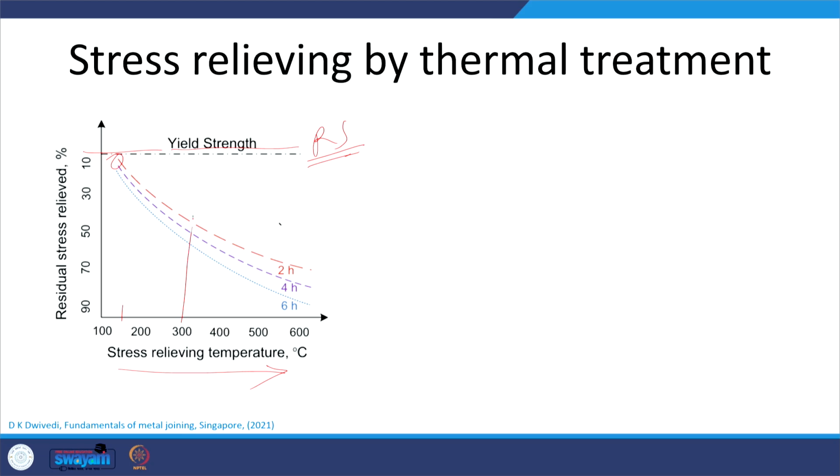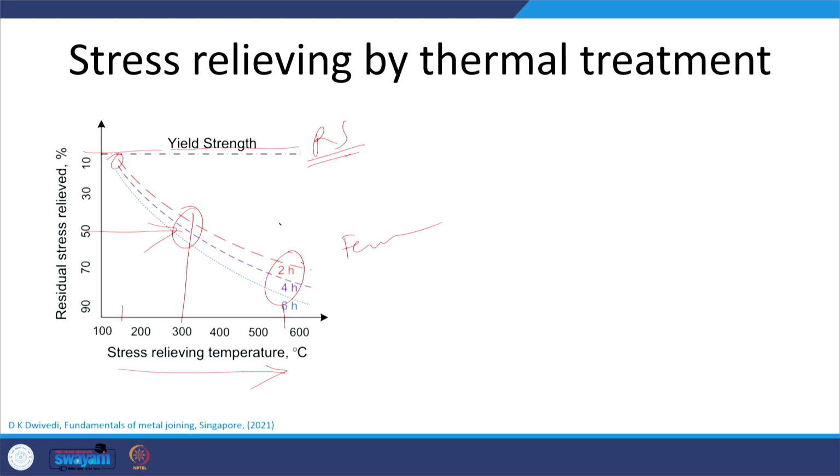But if we increase the heating temperature, then there will be significant relief in the residual stresses. And if a further higher temperature is used for heating, this is applicable for ferrous metal weld joints, the residual stress will be reduced by around 80 to 90% on heating to the higher temperature.